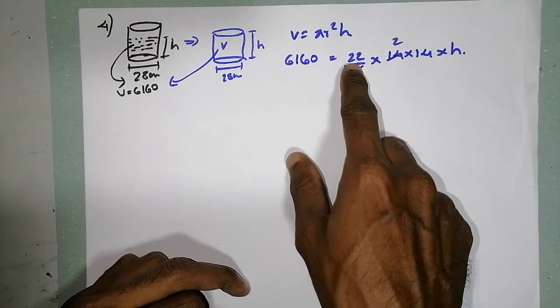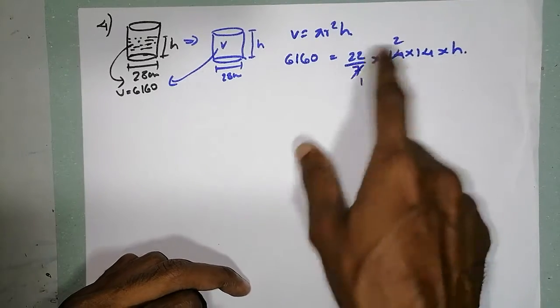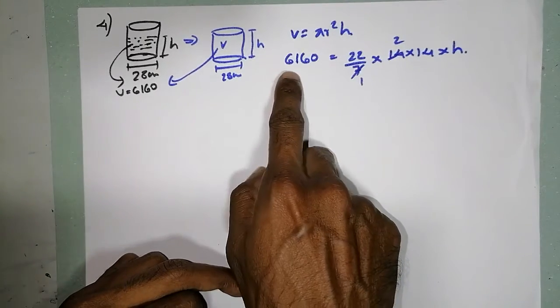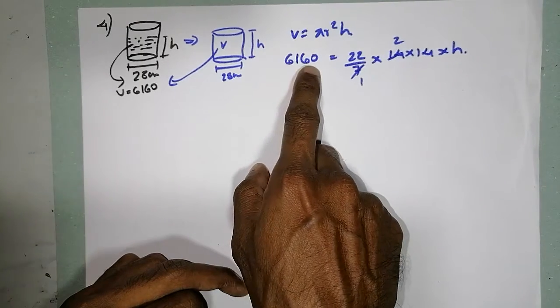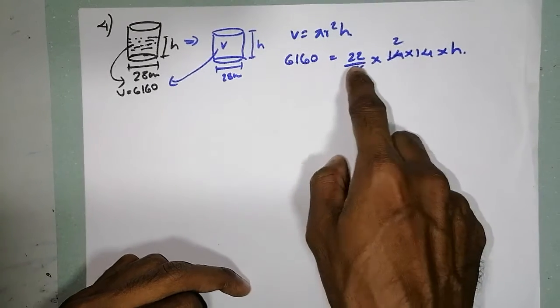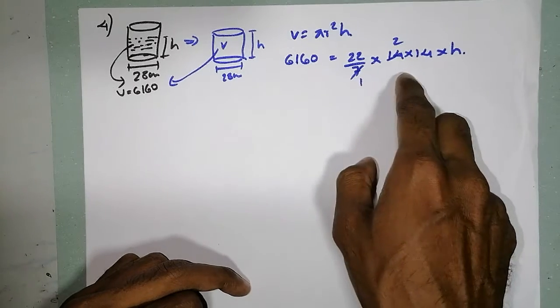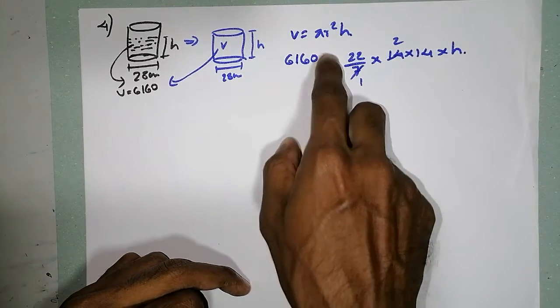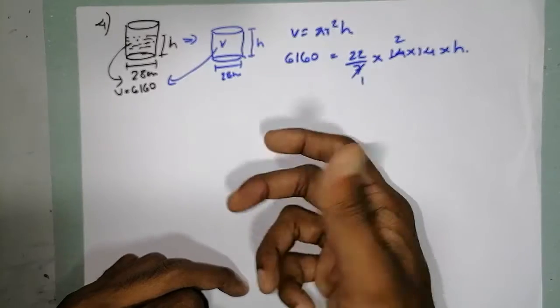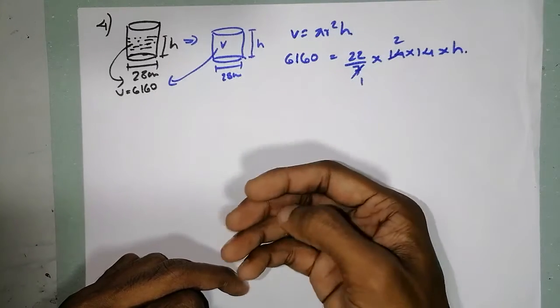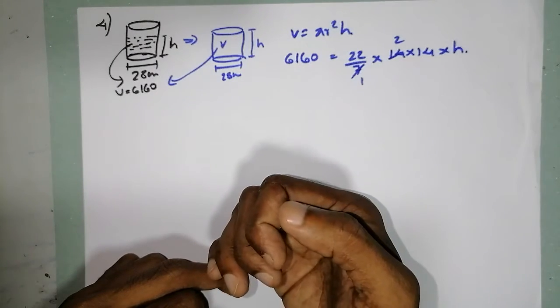If you look at 22 and 14 individually, the 6160 is an even number, and 22 and 14 are all even numbers, all multiples of 2. The volume is also a multiple of 2, so we can have a division.